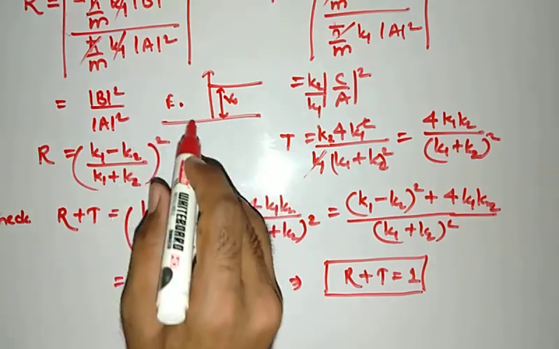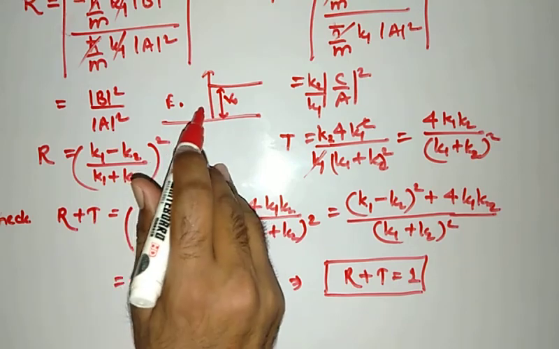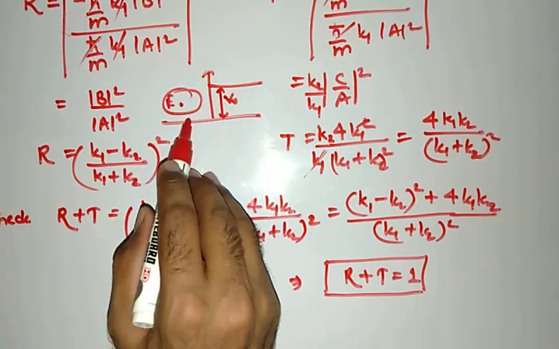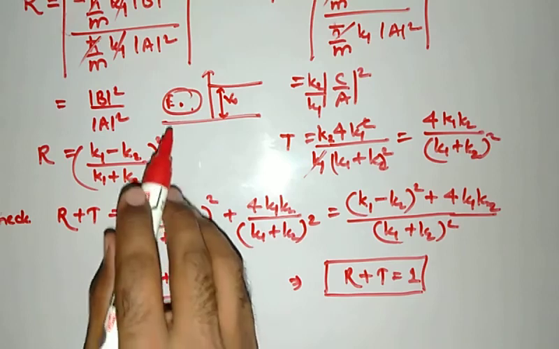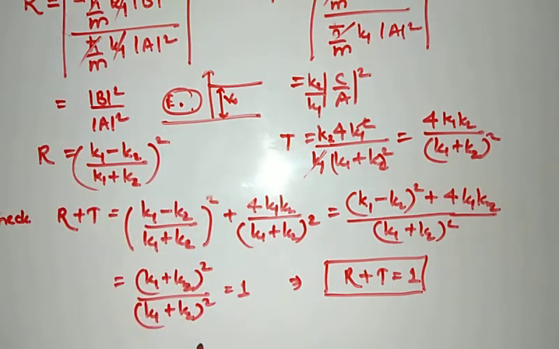But according to the quantum mechanical view, this is not the case. Due to the wave nature of the particle, there will be reflectance as well as transmittance. So this is what we differentiate.